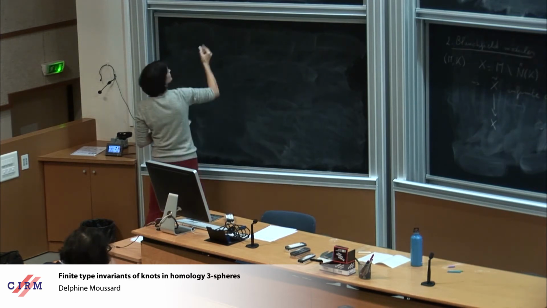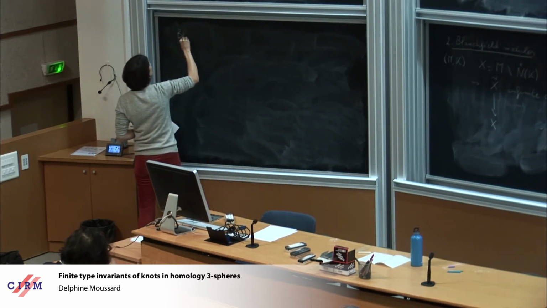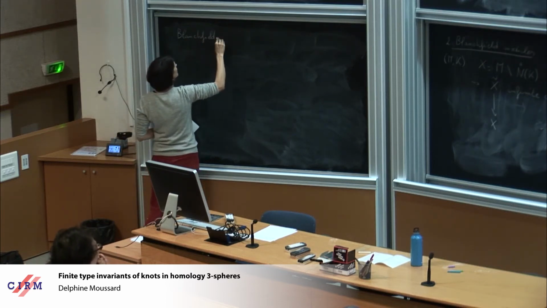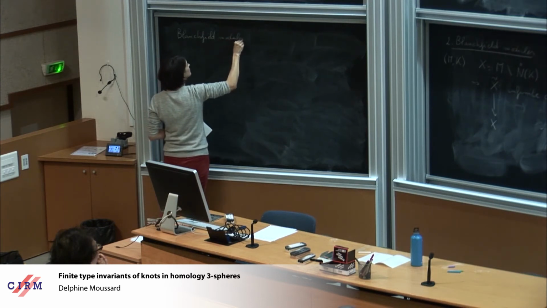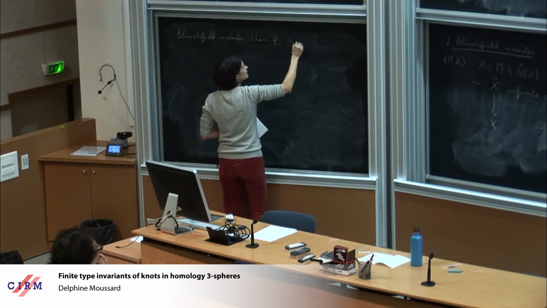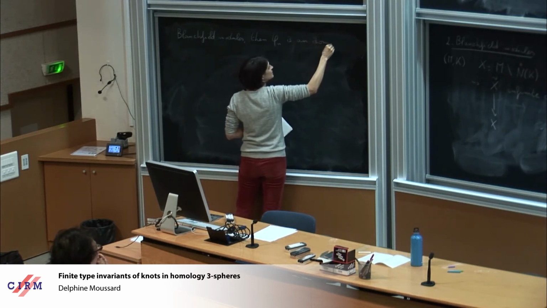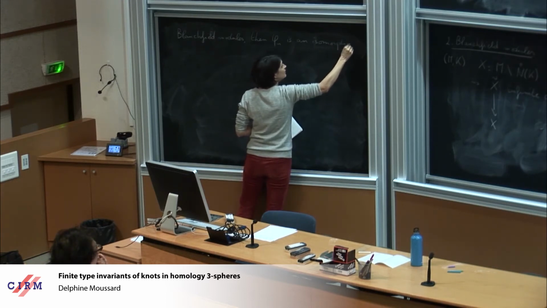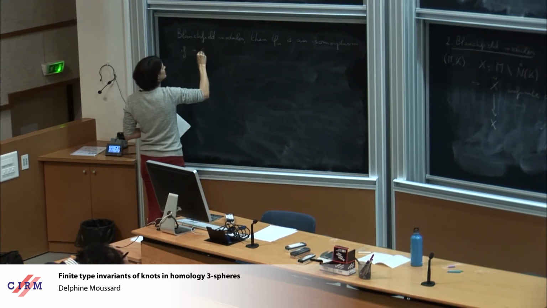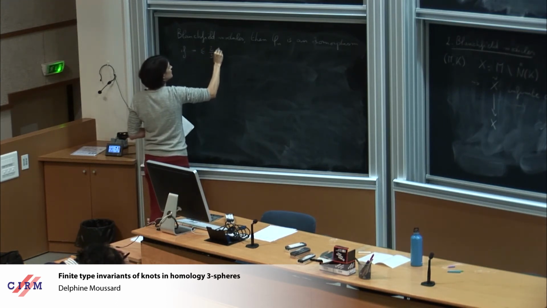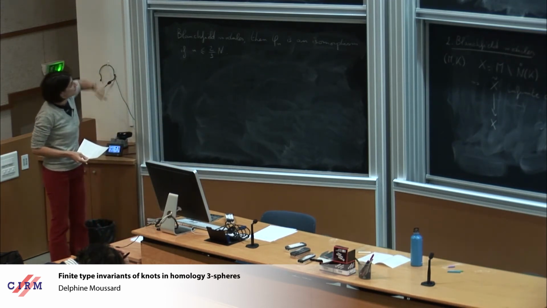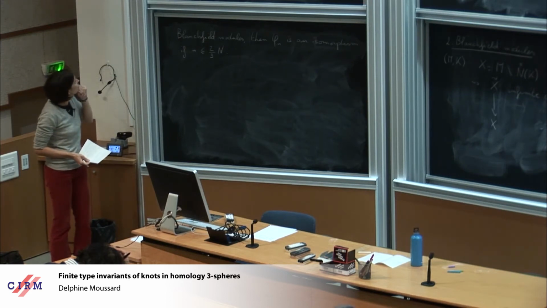So if we have a direct sum of capital N isomorphic Blanchfield modules, then phi n is an isomorphism if n is at most 2/3 of capital N. Okay, so we have these cases where we have an isomorphism.